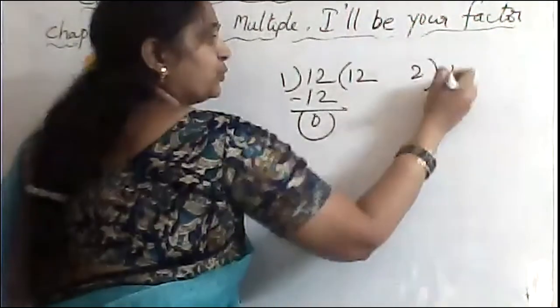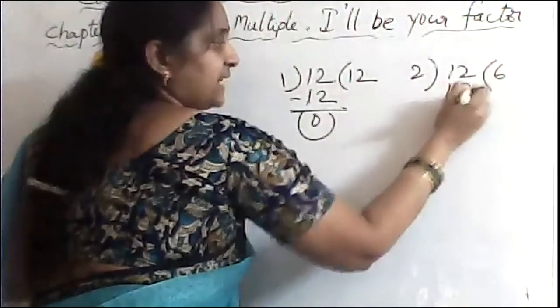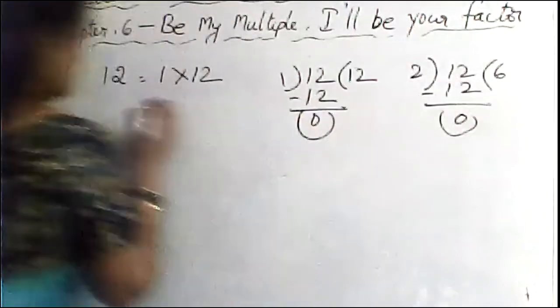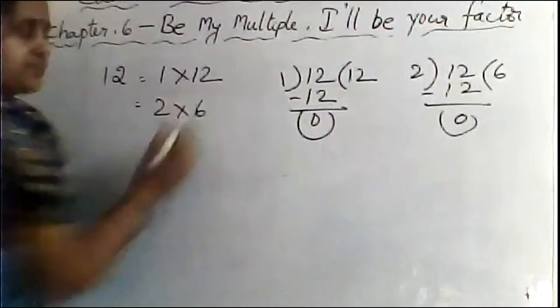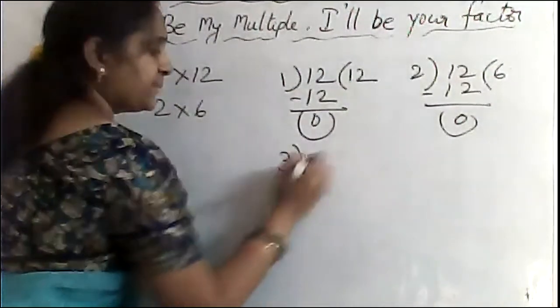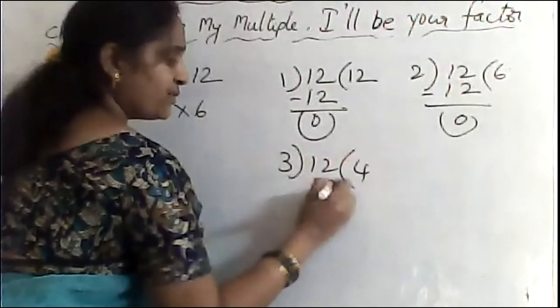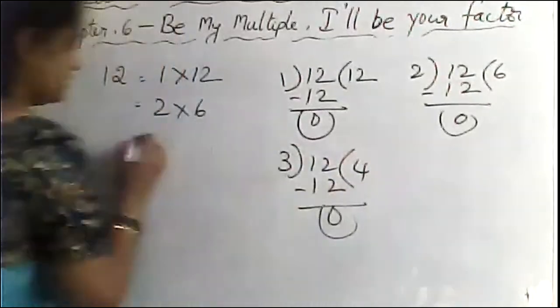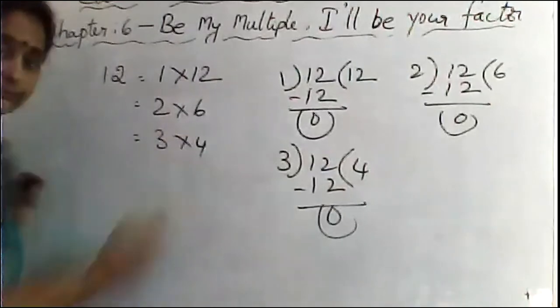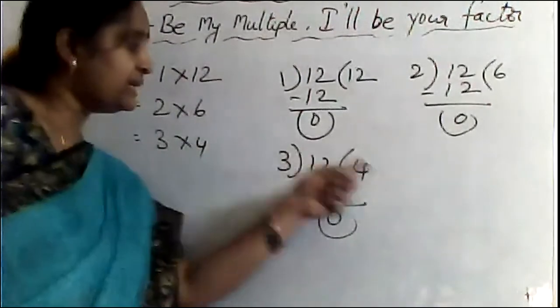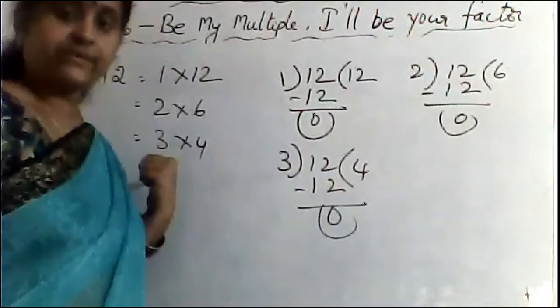Now divide with 2. 2 6s are 12, so 2 into 6. Next divide with 3. 3 4s are 12, so 3 into 4.